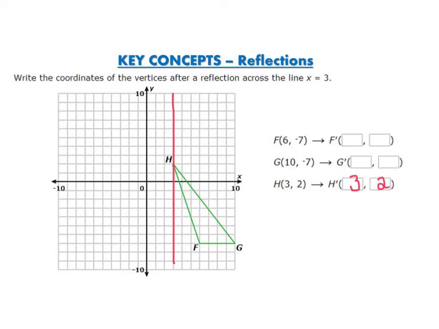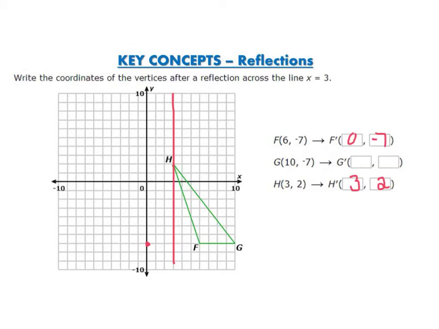F is 3 points away, so it's going to be 1, 2, 3 points away here. So it is going to be 0, -7.